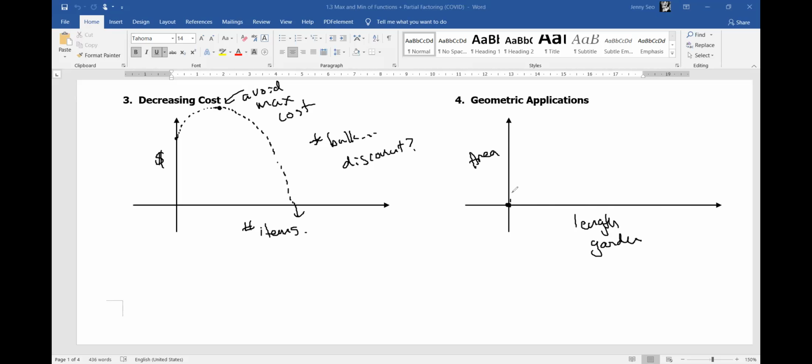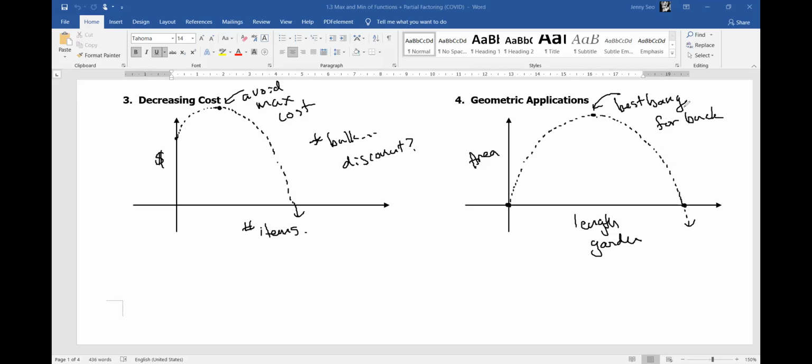But as you increase the length, you maximize the area where you can plant flowers or you can pour concrete or whatever it is you need to do. But as the length gets bigger, of course, the width will get smaller, and then you lower your area again, right? So maybe you're thinking this is the best bang for a buck. You might use math that way.